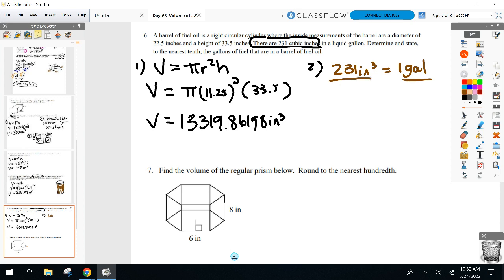Over, where should I put the 13,319? Under inches, because it's cubic inches. So this is getting placed right here. And I'm solving for how many gallons there are to the nearest tenth. So it looks like you end up dividing by 231, right?